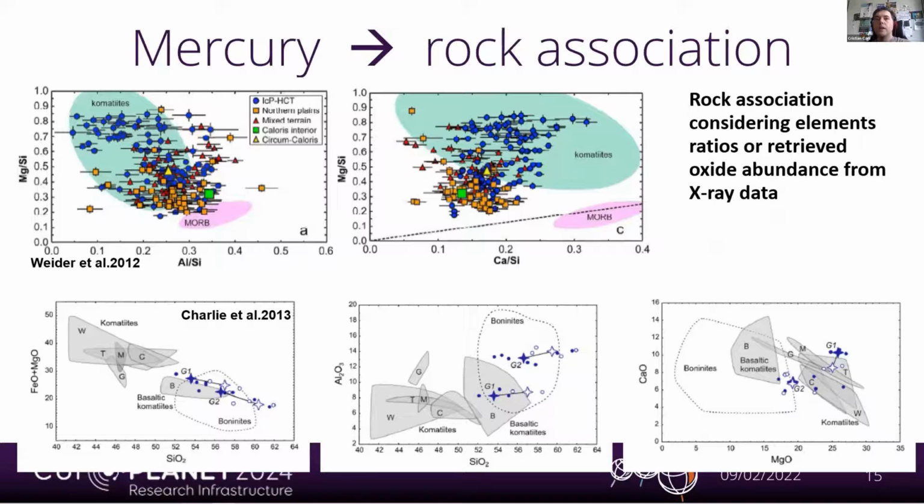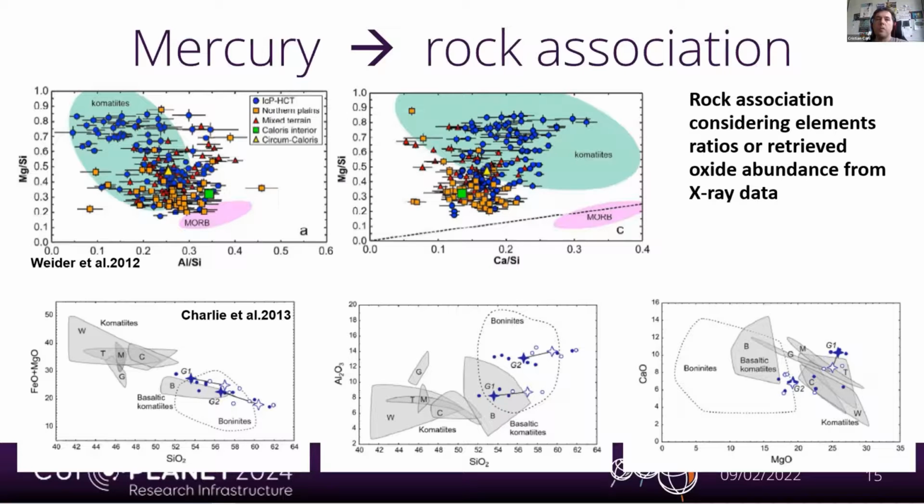Then it's clear that once we have this kind of dataset, the first idea is to try to model the composition, to understand which could be the composition of the rocks that are present on the surface. We have to remember that the information that we have directly is a ratio between some elements with respect to silica. So we don't have the silica values from the surface of Mercury, and so we cannot have oxide values of the different elements directly.